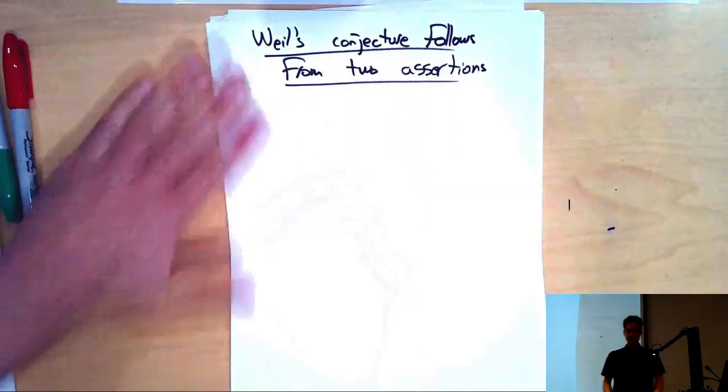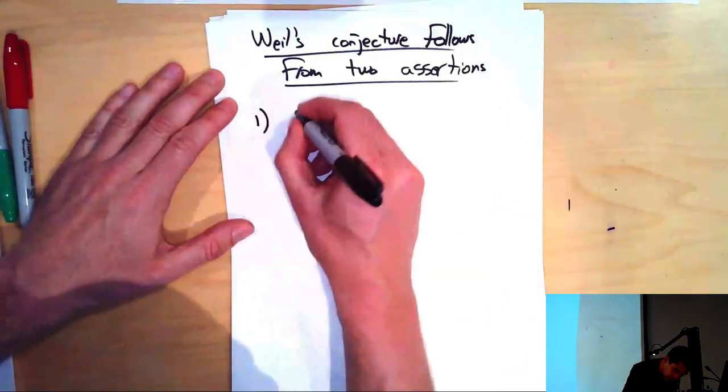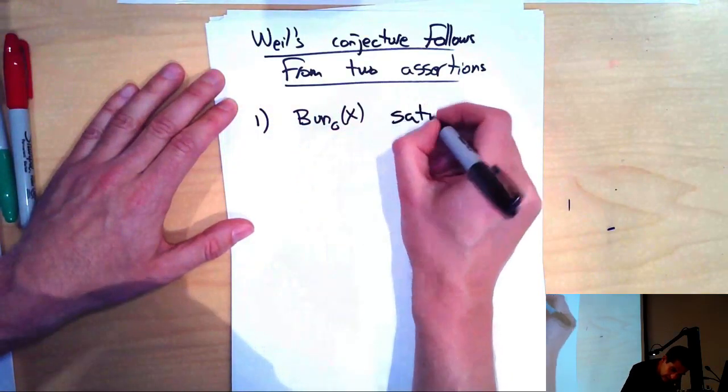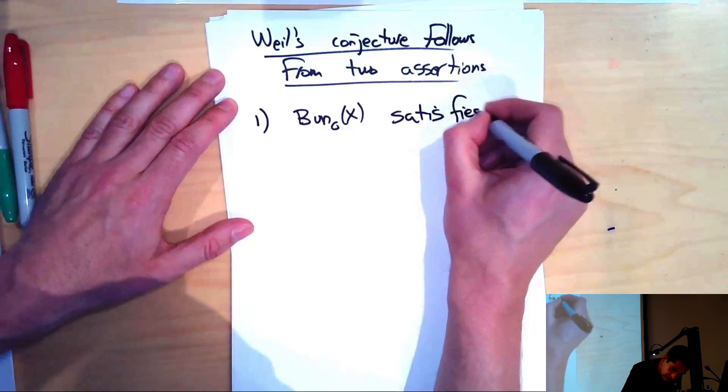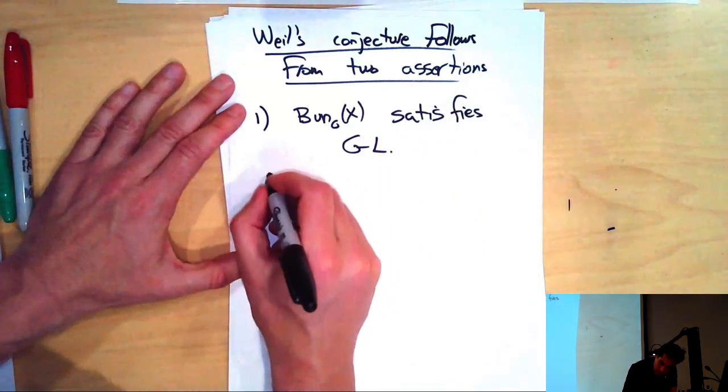The first is that the Grothendieck-Lefschetz trace formula is actually okay in this context. So part 1 is that Bun_G X satisfies the Grothendieck-Lefschetz trace formula.